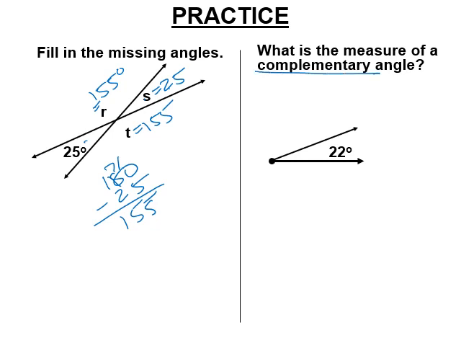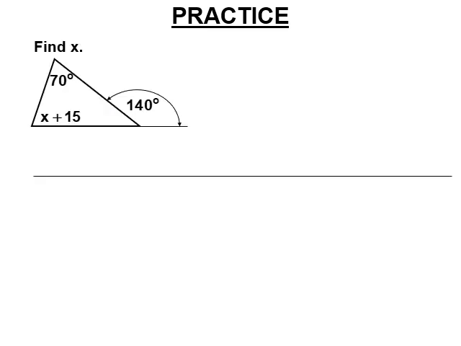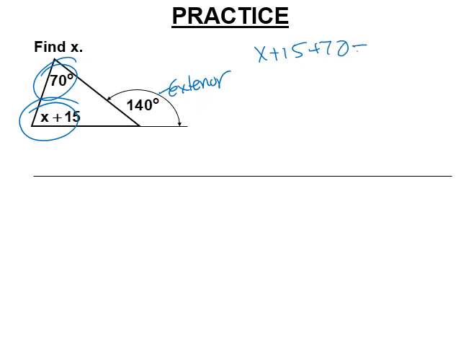Complementary, what does that mean? It means adds up to 90. The exterior angle always equals these two non-adjacent ones added up. So this x plus 15 plus this 70 has to equal 140.